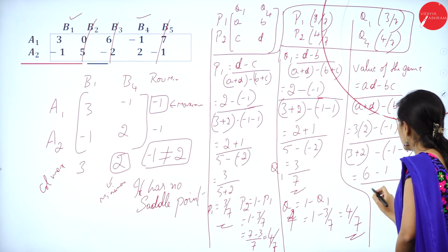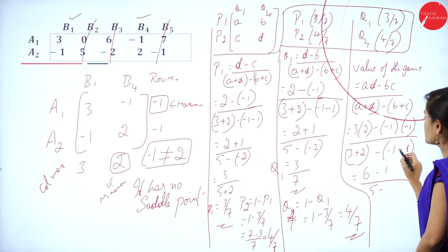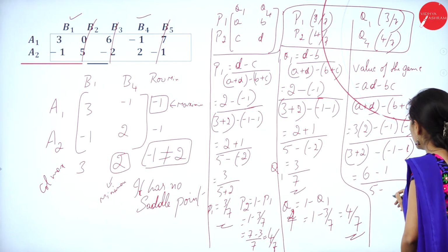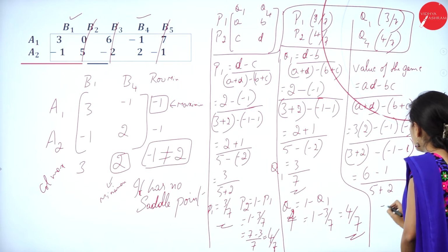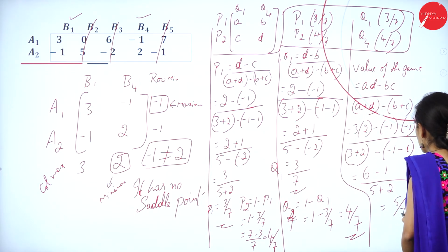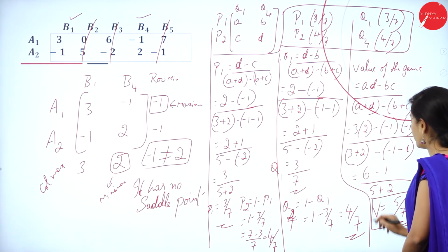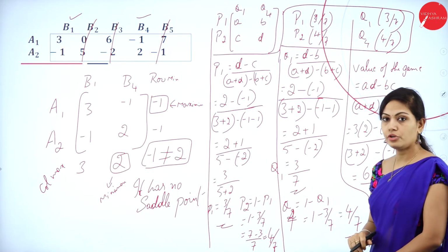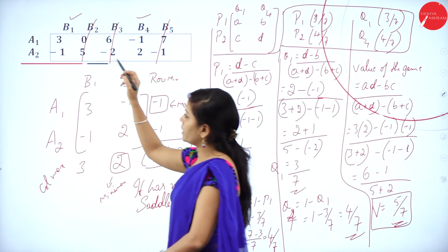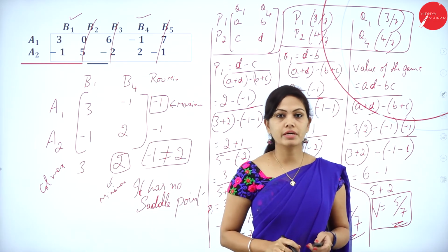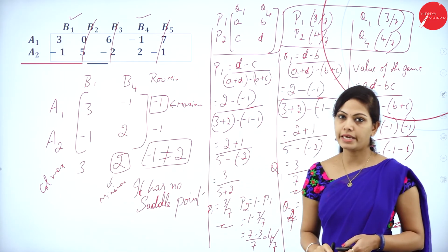Divided by 3 plus 2 is 5, minus 1 minus 1 is minus 2, so 5 minus -2 is 7. So 7 by 7 and the value of the game is equal to 5 by 7. If you get a positive value, it is a gain to player A and a loss to player B. So this is your graphical method for 2 cross n games.